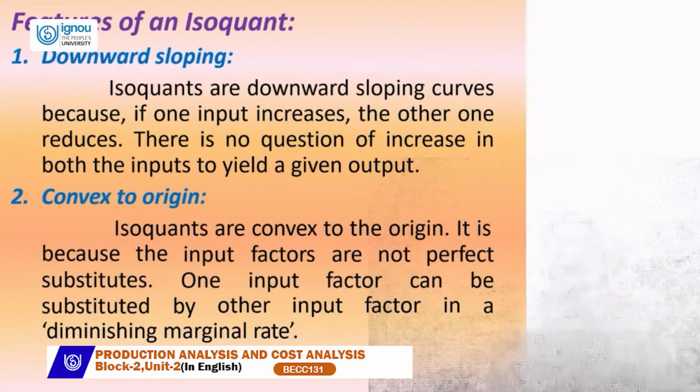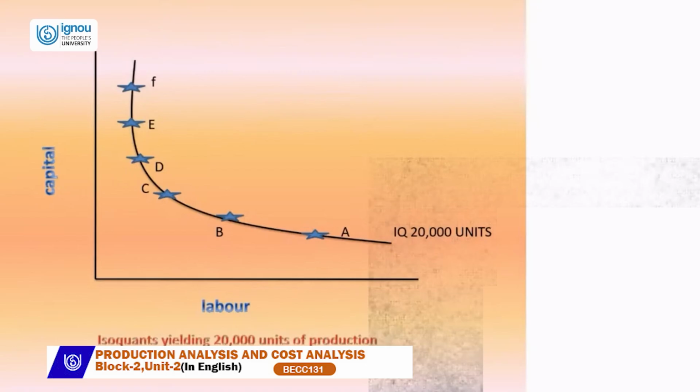That's called downward sloping. The next feature of an isoquant is that it is convex to the origin. That's very true, because all the factor inputs are not perfect substitutes. If one input is substituted by another input, it is called the diminishing marginal rate of substitution. As you can see in the diagram, it is convex to the origin. The origin is the central point where the two axes, the x-axis and y-axis, meet.